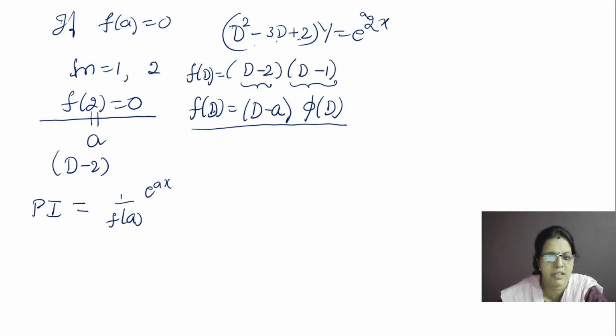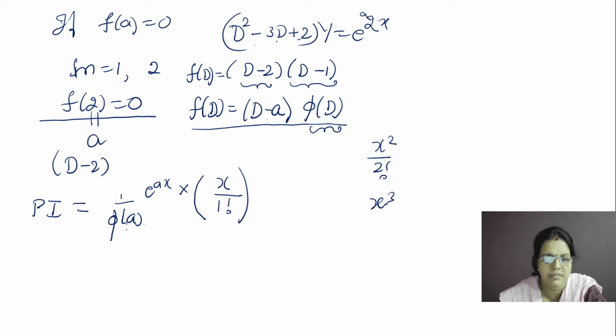But f of a is 0 now. That is why we write phi of a: we put d equal to a in the remaining function. Take out the factor d minus a, and substitute a only in the remaining function. But in such cases we have to multiply it by x by 1 factorial, or x square by 2 factorial, or x cube by 3 factorial, or in general x power r by r factorial.